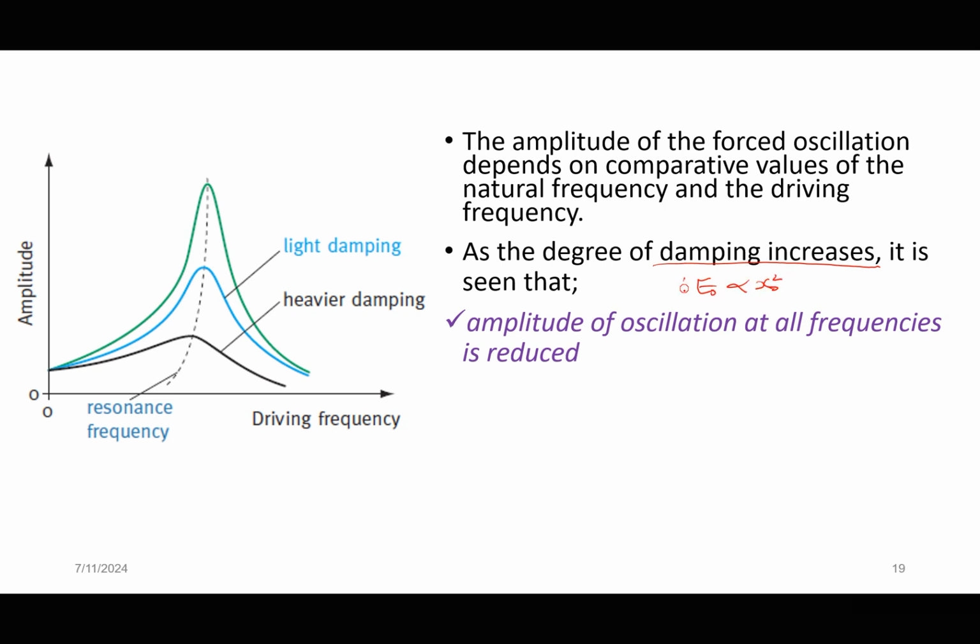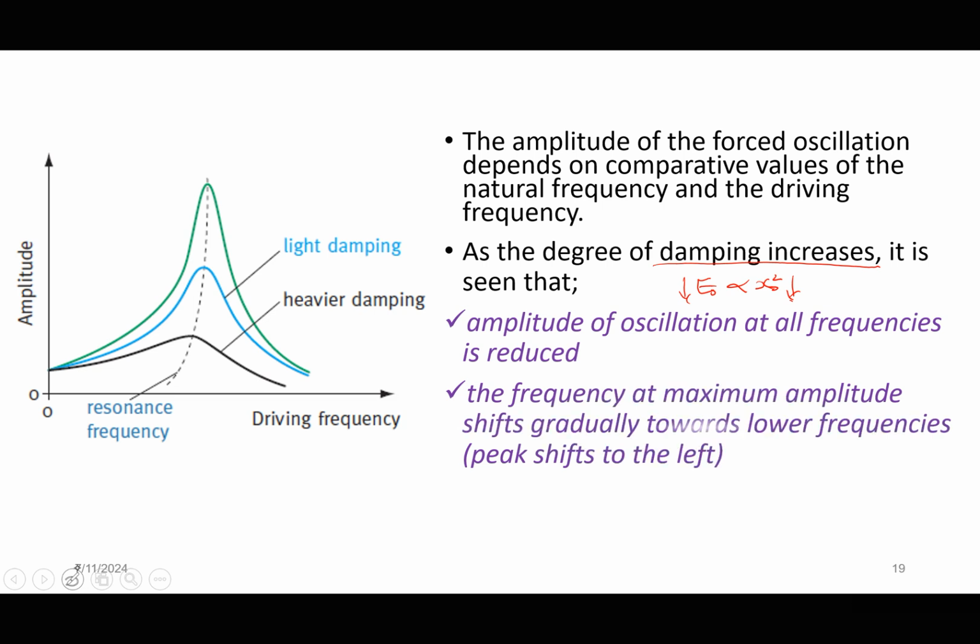So as the energy decreases, the amplitude also decreases. That is obvious. Number two, observations show that the frequency at maximum amplitude shifts gradually towards lower frequencies. In other words, the peak shifts to the left-hand side.